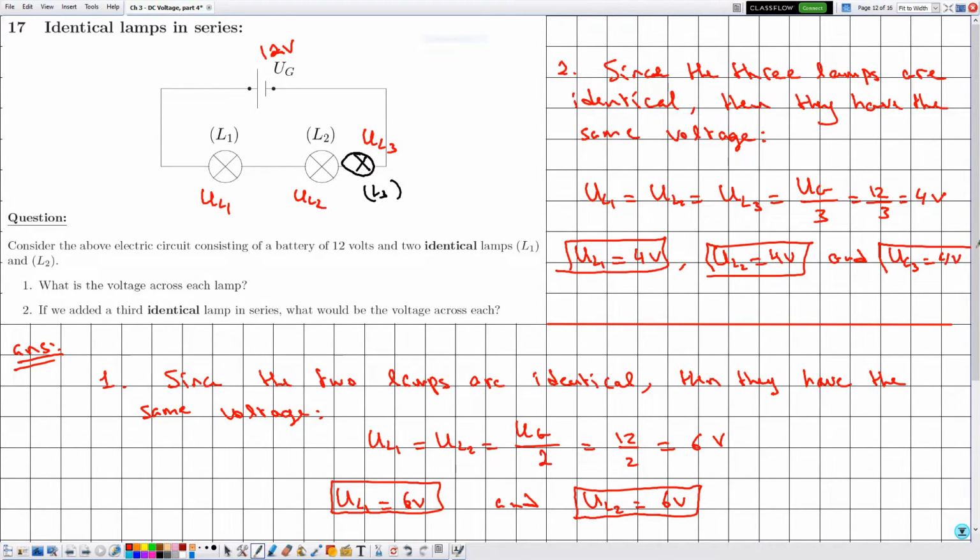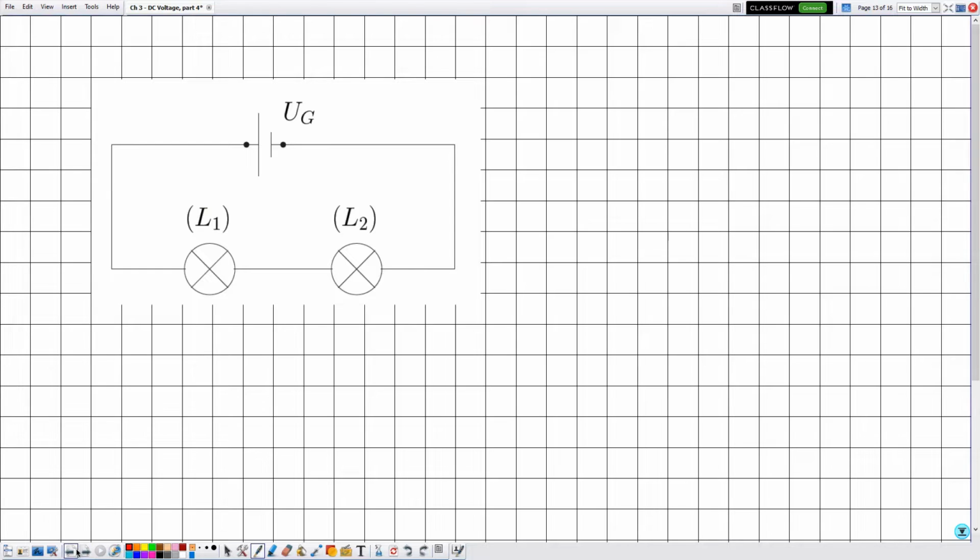Okay, so this is it for section number 17. Now let me consider the following application. And now let me label some points.